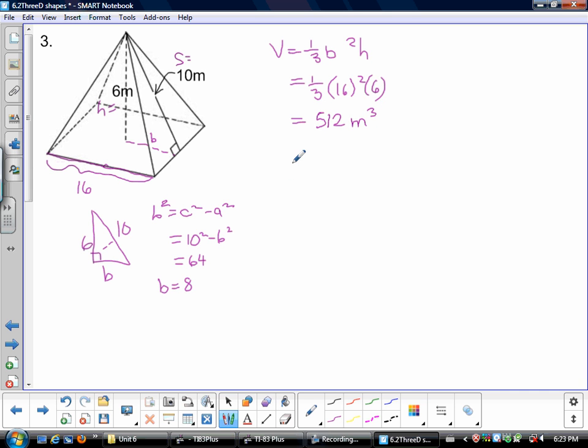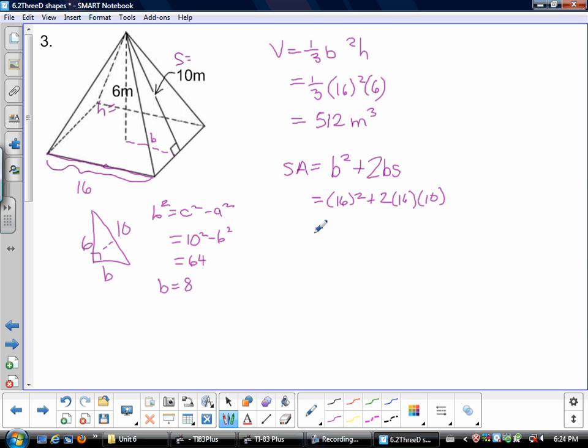Now the surface area, okay, now surface area formulas are usually a little bit longer, and just like this one. So it's going to be the base of our pyramid squared plus 2 times the base times the slant height. So we're doing 16 squared plus 2 times 16 times our slant height, which is 10.